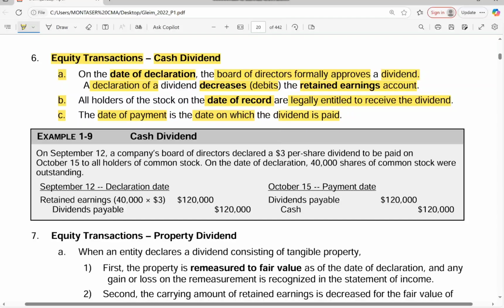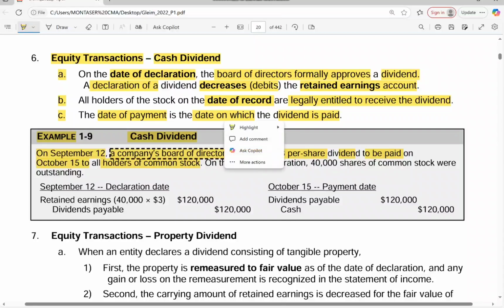We have this example which explains the accounting treatment for cash dividends. On September 12, a company's board of directors declared a $3 per share dividend to be paid on October 15 to all holders of common stock.